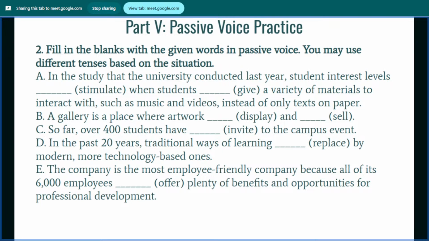We can, because it was a study conducted last year, but it's still a study, correct? So student interest levels are stimulated when students are given a variety of materials to interact with. But ma'am, if we use past tense also, you can make use of the past tense also. Okay, yes, don't worry about that. Next.